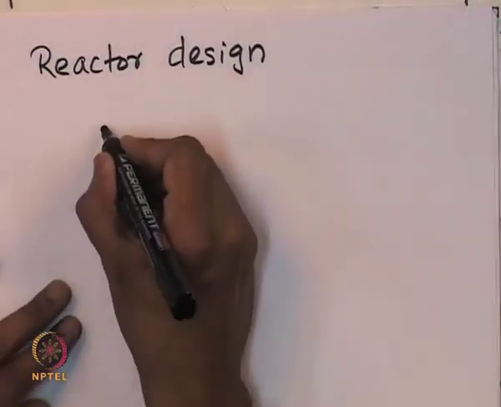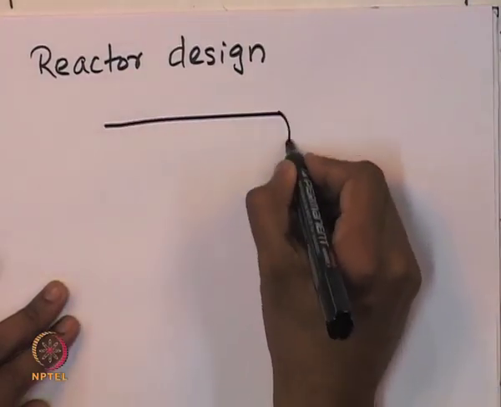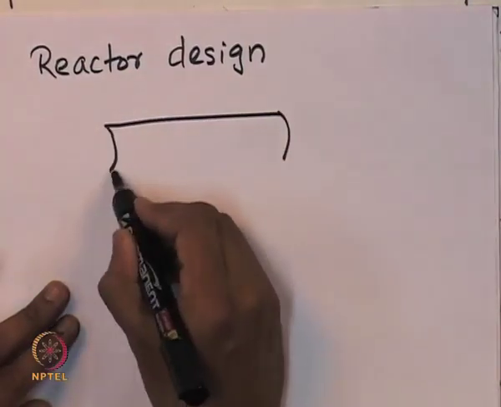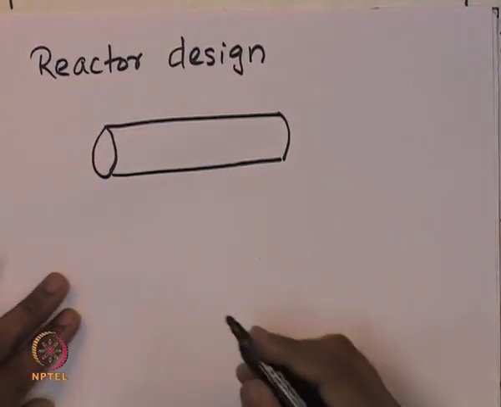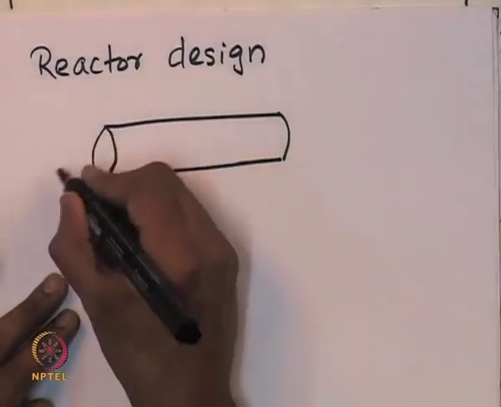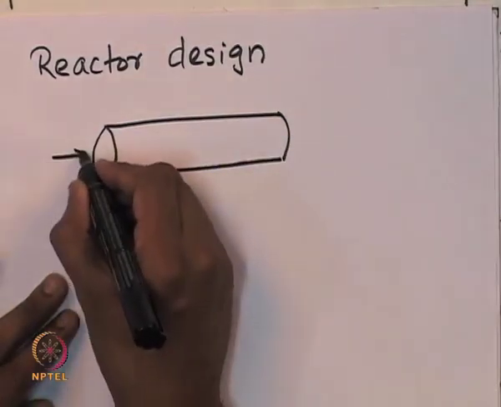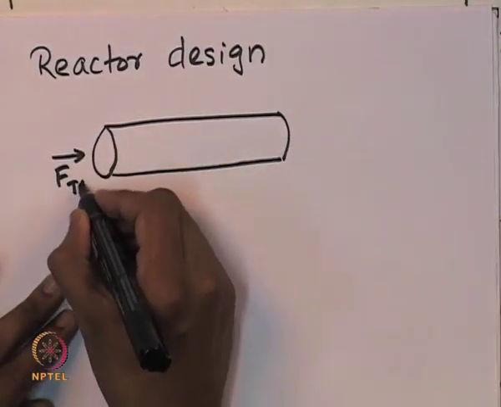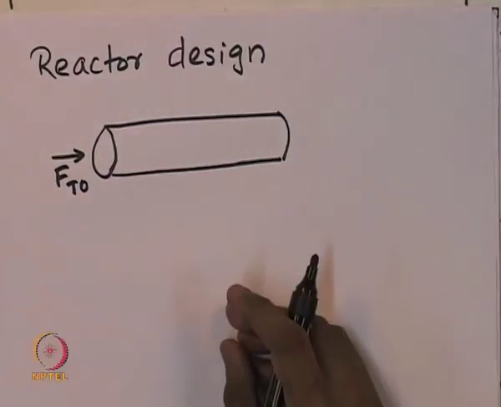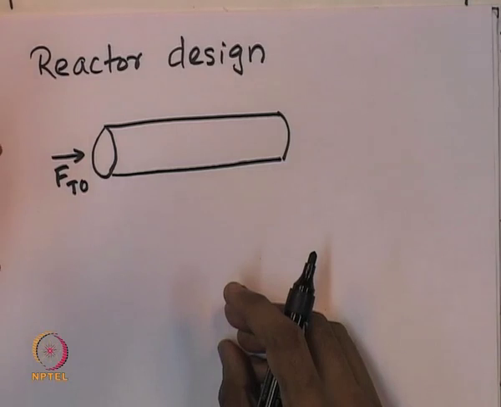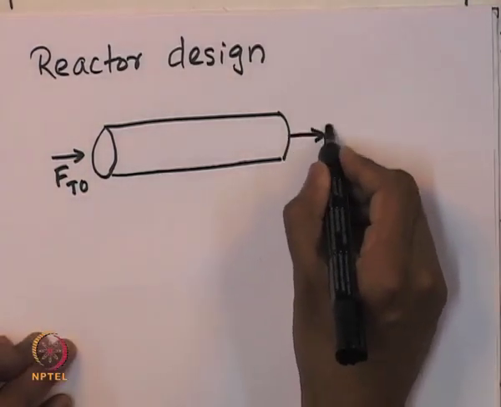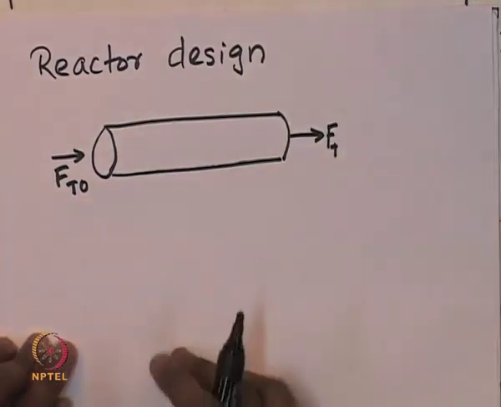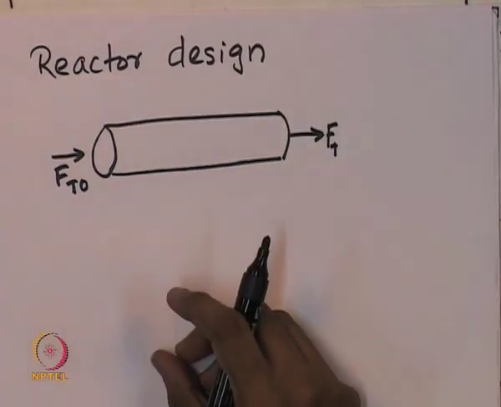Let us consider a tube which is filled with catalyst, and let F T naught be the molar flow rate at which toluene enters this reactor, and let F T be the molar flow rate at which toluene leaves the reactor.